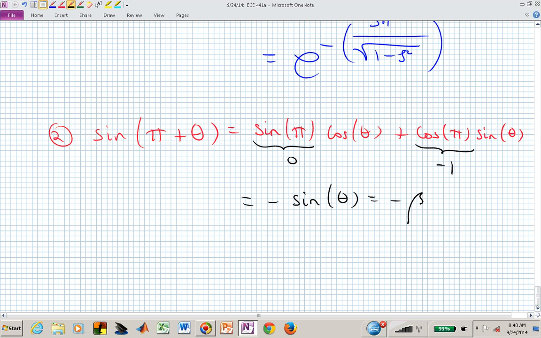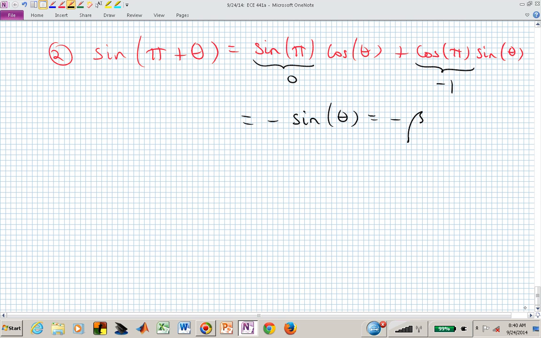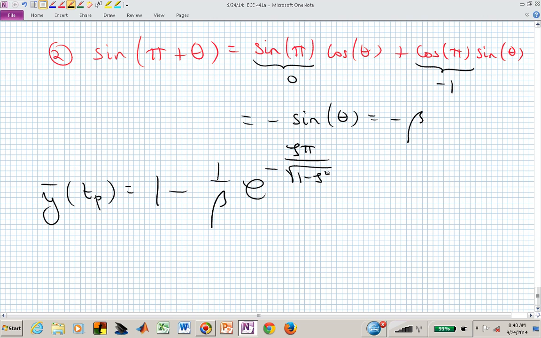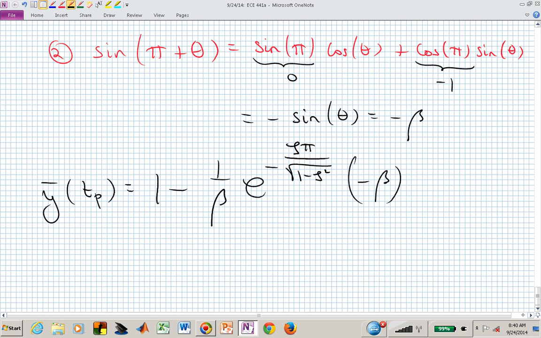And we can now evaluate y bar of t sub p. It's now 1 minus 1 over beta, the first piece, e to the minus zeta pi over the square root of 1 minus zeta squared, times sine of pi plus theta, which was now minus beta. Boy, things start cleaning up, don't they?